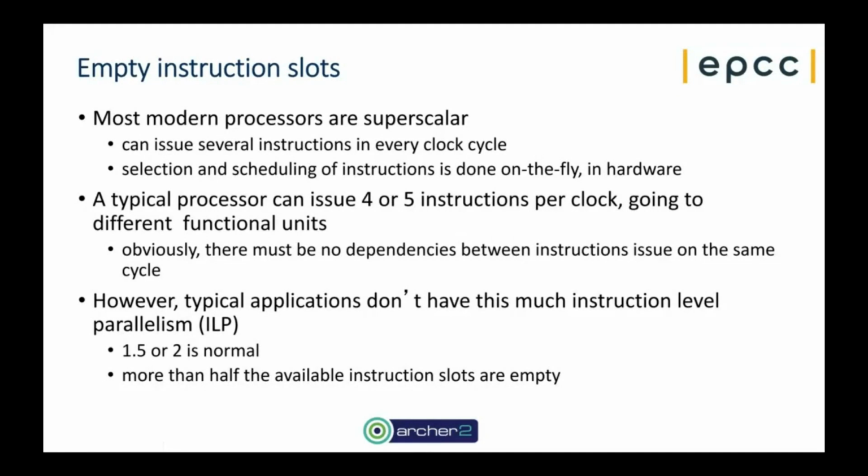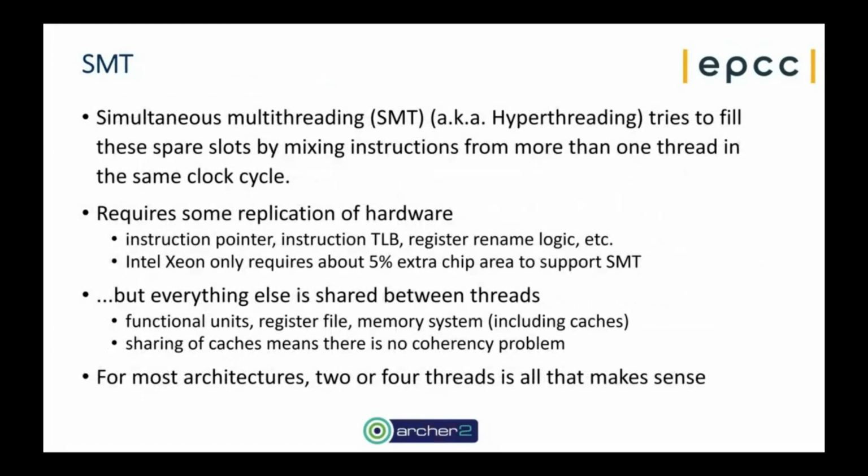Modern processors are superscalar, because they can run multiple functional units at the same time, but not all programs will use all those functional units because of the way they work. It is possible to add a little bit of extra hardware to do hyperthreading, or simultaneous multi-threading, which lets you run 2 programs at the same time on the processor.